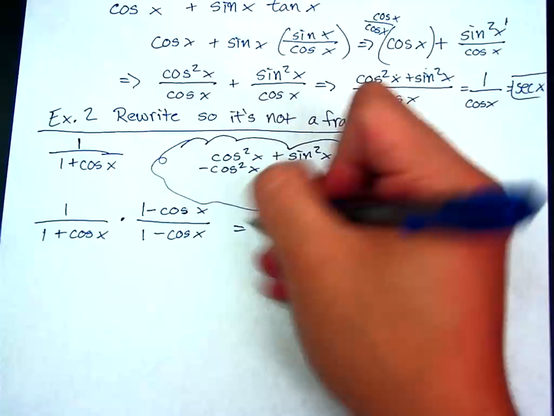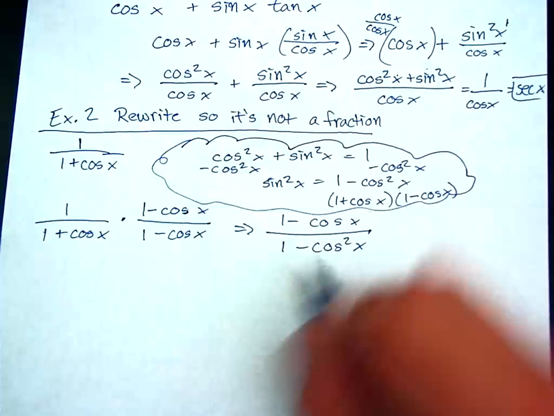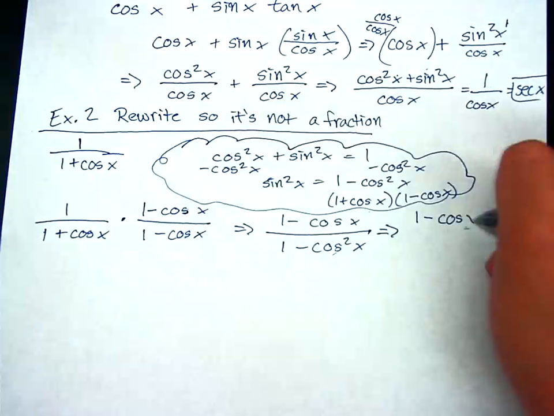This becomes 1 minus cosine of x over 1 minus cosine squared of x. Now that I've shown that 1 minus cosine squared of x is equivalent to sine squared x, I'm going to rewrite this one more time: 1 minus cosine of x over sine squared x.